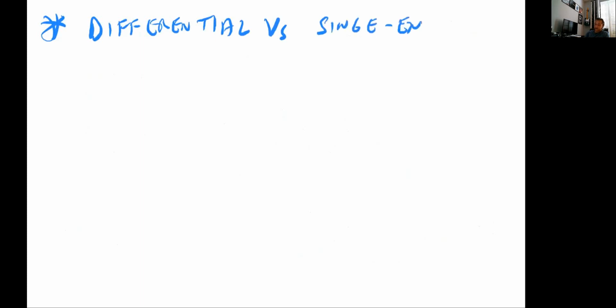So let's look at differential versus single-ended, and what we're going to see is that the common mode rejection ratio is reduced.